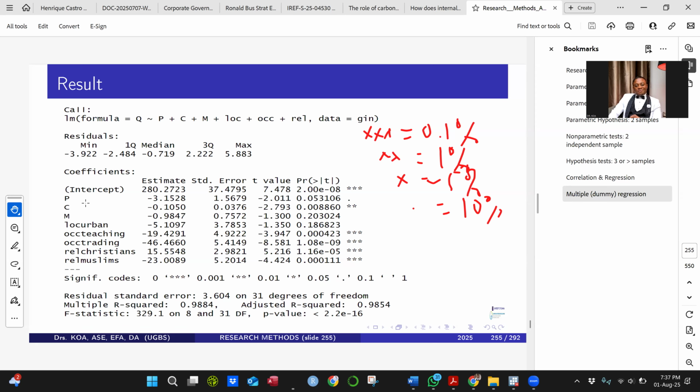If you round it, it's going to be 0.01, which means it's 1%. 1% is 2 stars, so the fact that it's 1% should tell you that it's significant at 1%. So you can just use the p-value to calculate easily how many stars it has. For example, look at log urban. Log urban is 0.1868, so that is 18.68%.